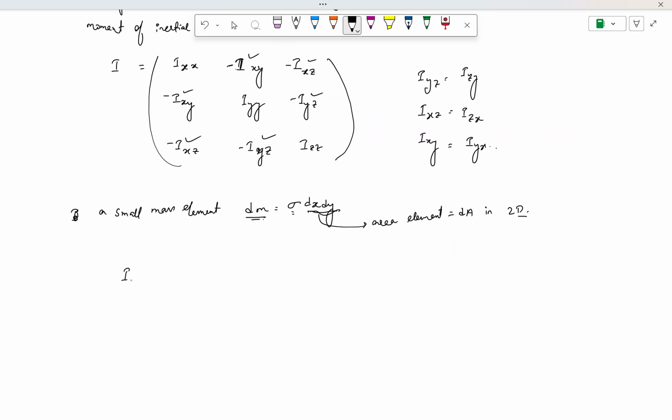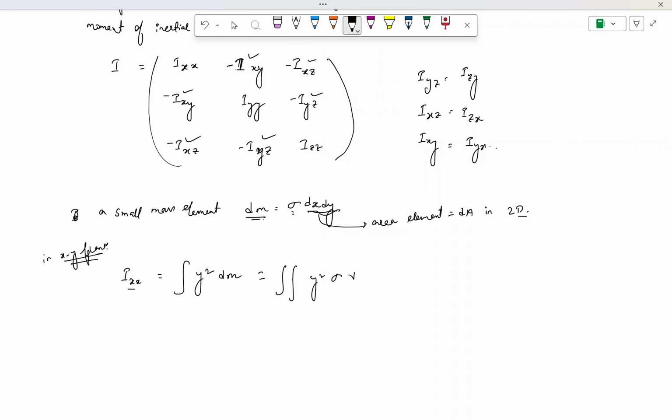Now the moment of inertia values. Ixx, because the object, the square, is sitting in the xy plane, will be simply, with respect to the x axis, y squared dm, right? Because with respect to the x axis, the inertia term will have y squared dm. Now, how should you represent dm? For that you need to include the expression sigma dx dy.